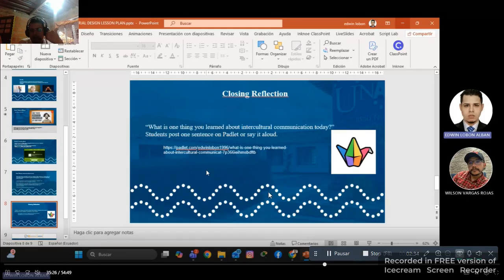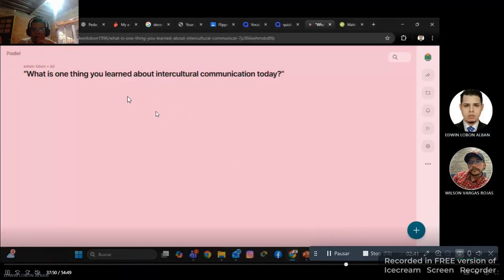I use Padlet, and I am waiting for the answer of the student, because the student is trying to write the answer or the reflection.